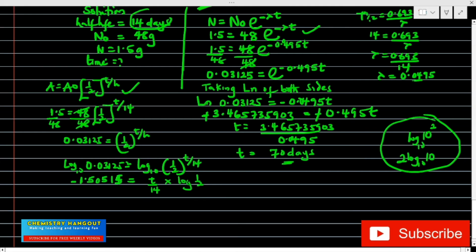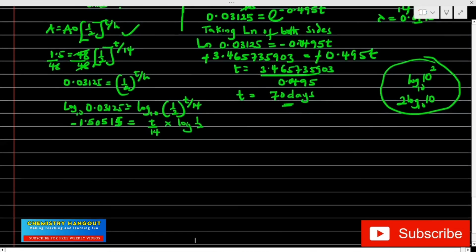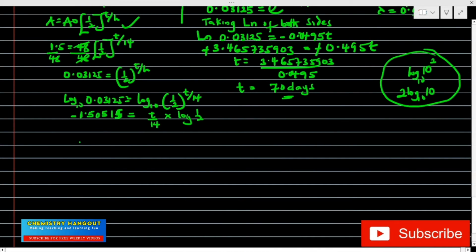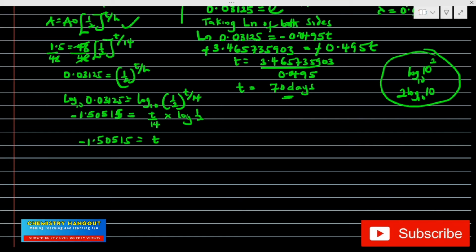You see that now? So from here, what will I have? I will have that minus 1.50515 is equal to T over 14 times log of half. That's giving me minus 0.30103.